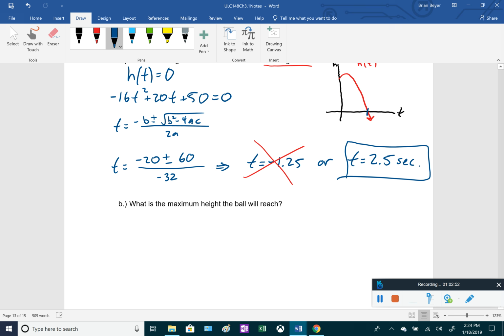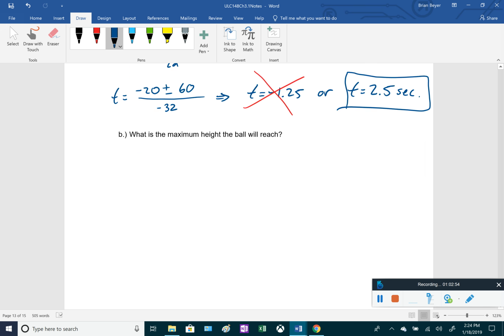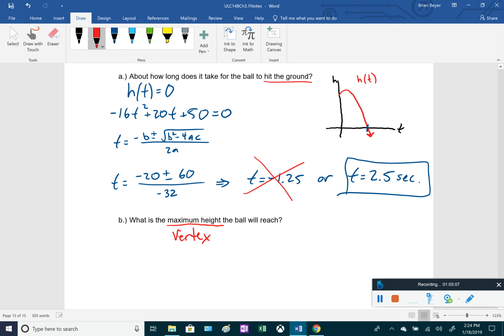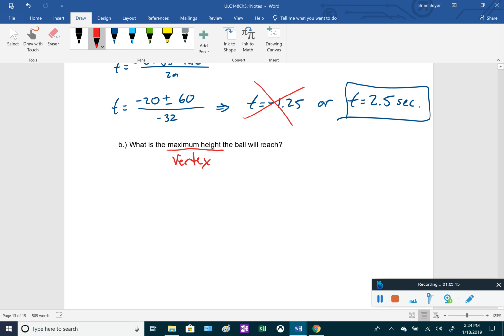Okay, second question, what is the maximum height the ball will reach? So the maximum height the ball will reach, this is the vertex. Going back up to this graph, we can see the vertex right up here. So we're looking for that value. We have to remember, how do we find the vertex?